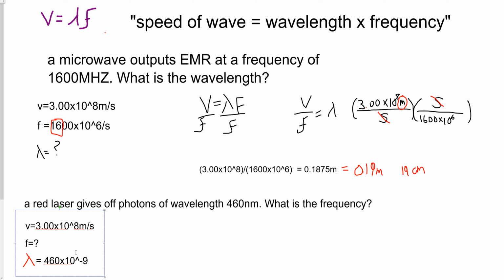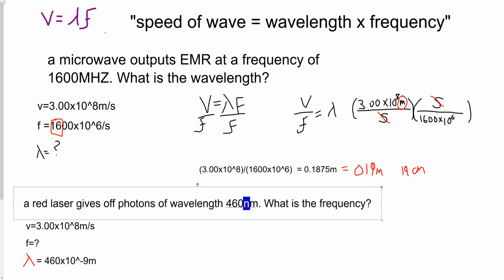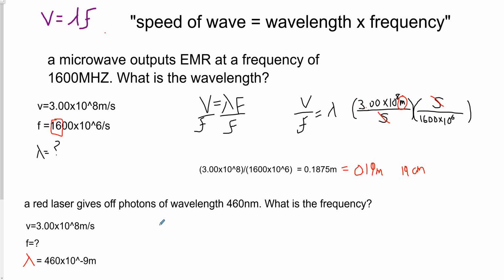You can literally plug in whatever the modifier is right into the formula. I know it looks awkward and you're like, shouldn't we change that to 4.6 times 10 to the minus 7? No, forget it. Just leave it the way it is and it'll all come out in the wash when we calculate. I promise. So v equals lambda f.